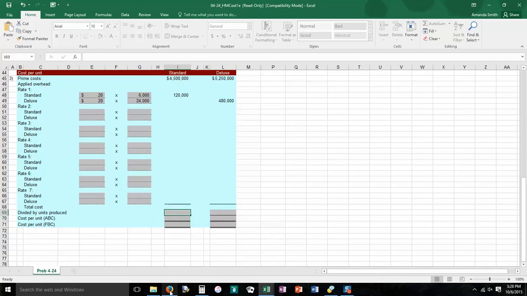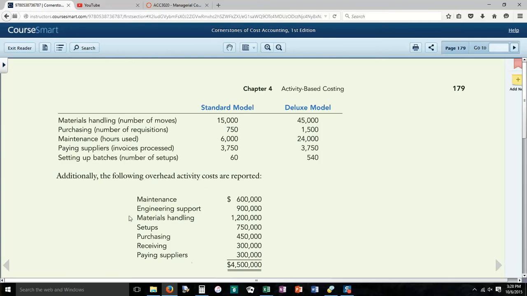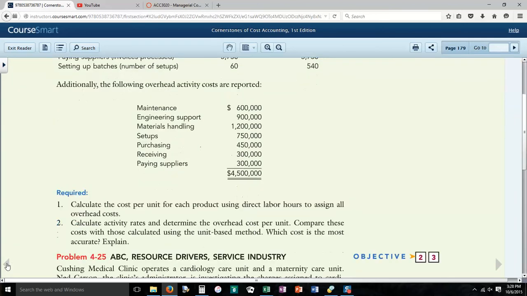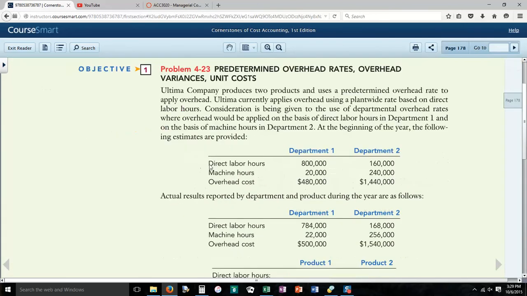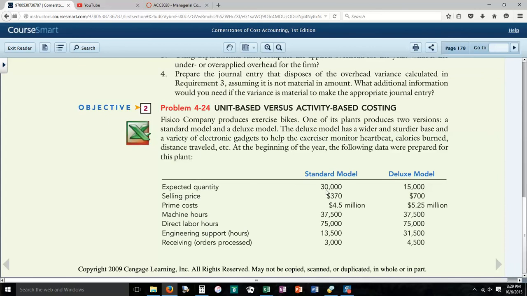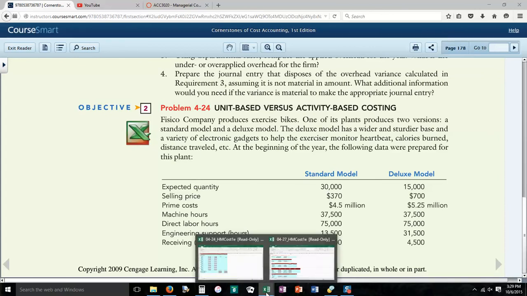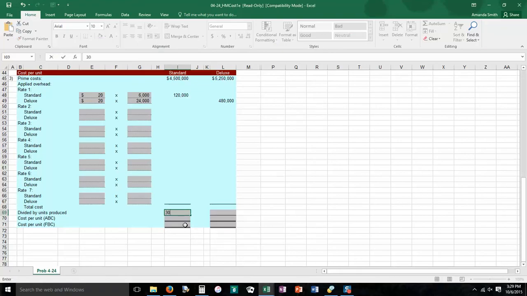So units produced, that is going to be on page 178, 30,000 for the standard model. Cost per unit, the computer should figure that out.